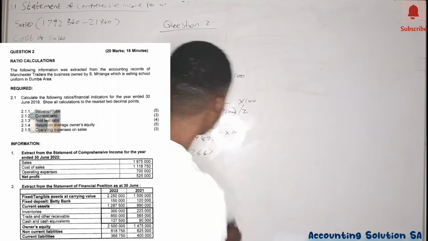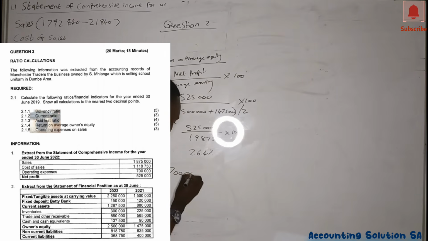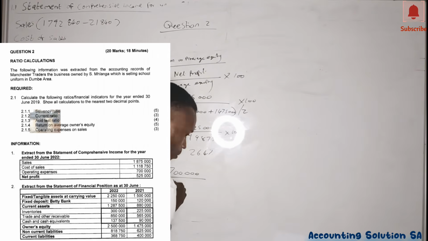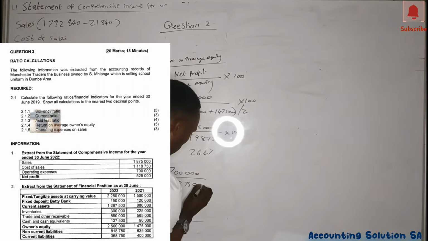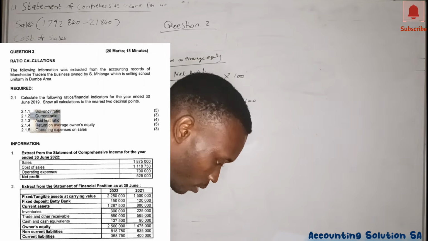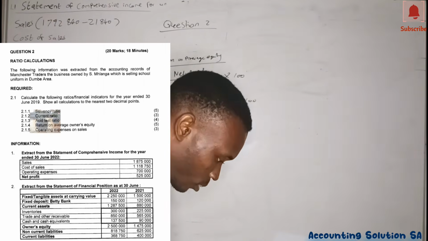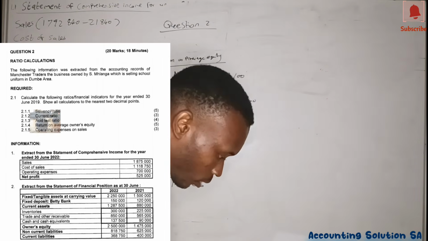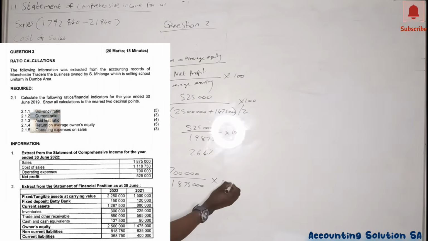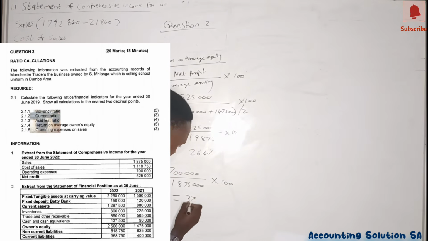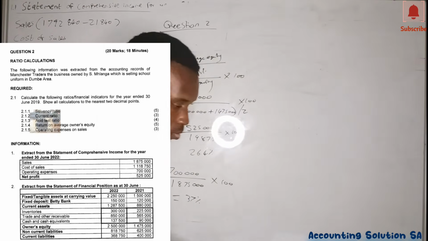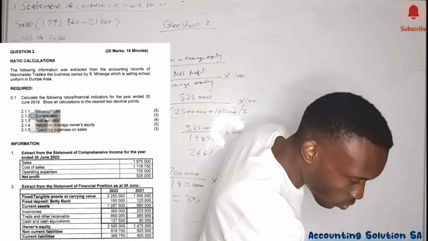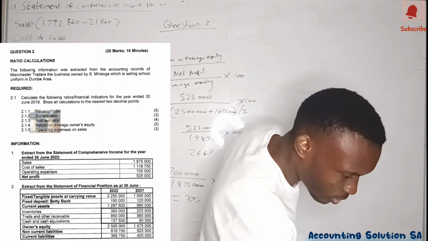Operating expense is 700,000 and we divide by the amount of sales, 1,875,000. After that, when we multiply by 100, it's going to give us 37%. So we are done with question 2 of the ratios. Now let's go and do the last question, which is not going to take time.